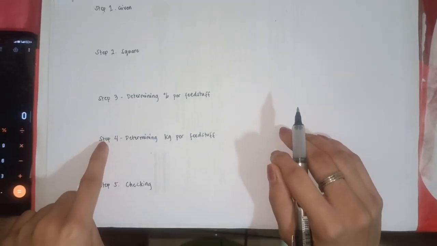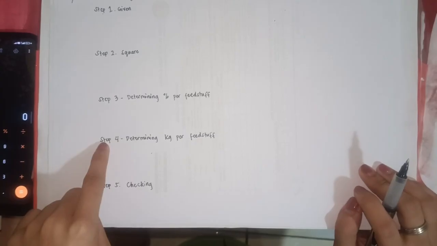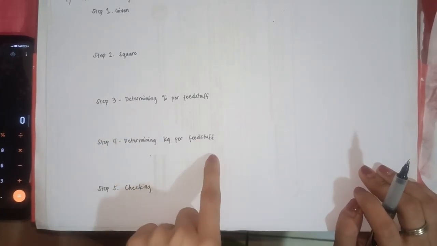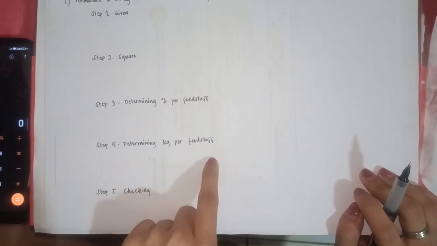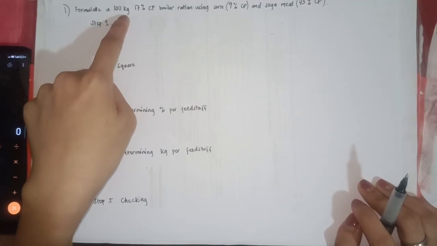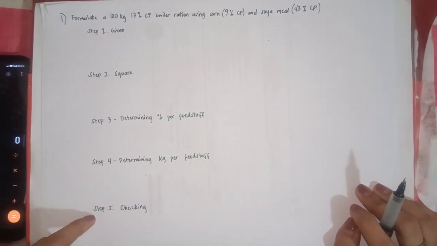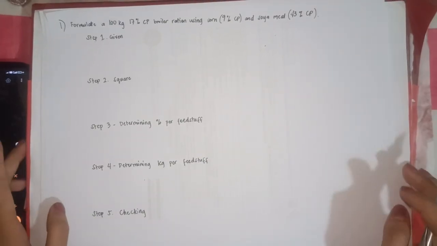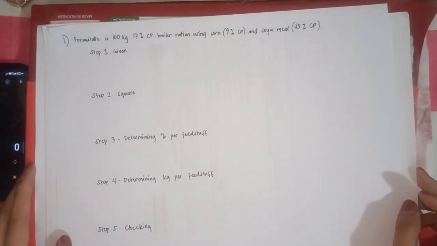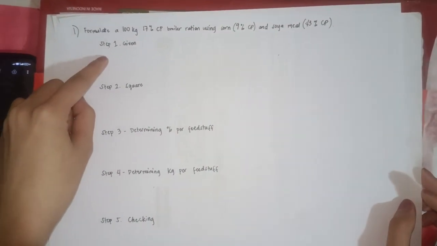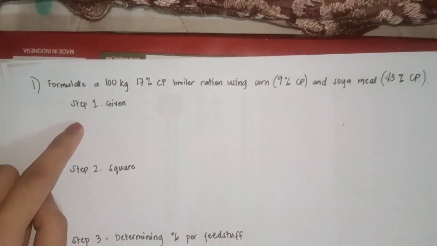Step 4 is determining the kilogram per feedstuff that we will need to complete the 100 kilogram ration. And the last step, step 5, is checking to determine if we really got the right answer.